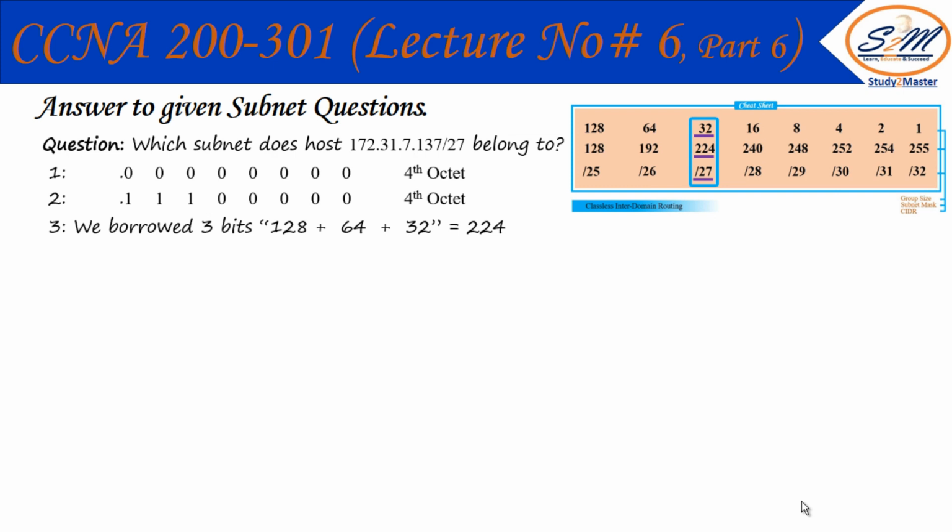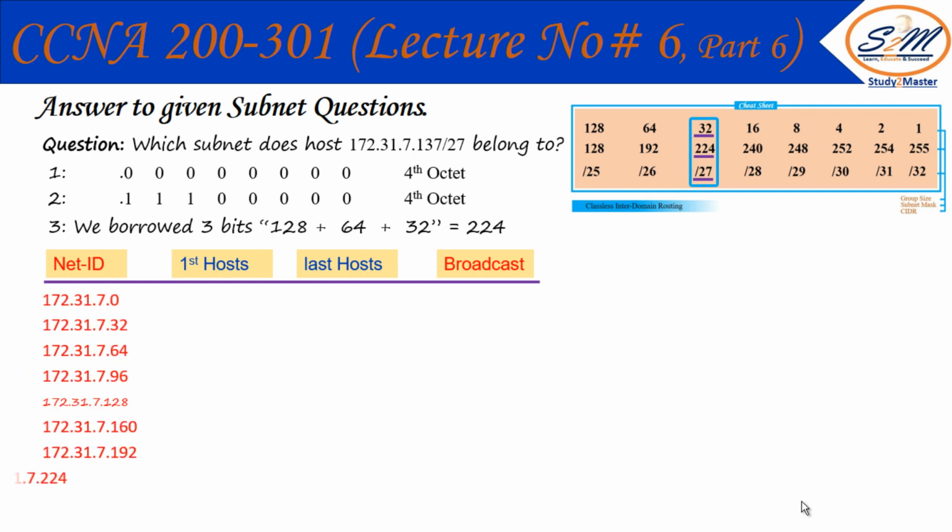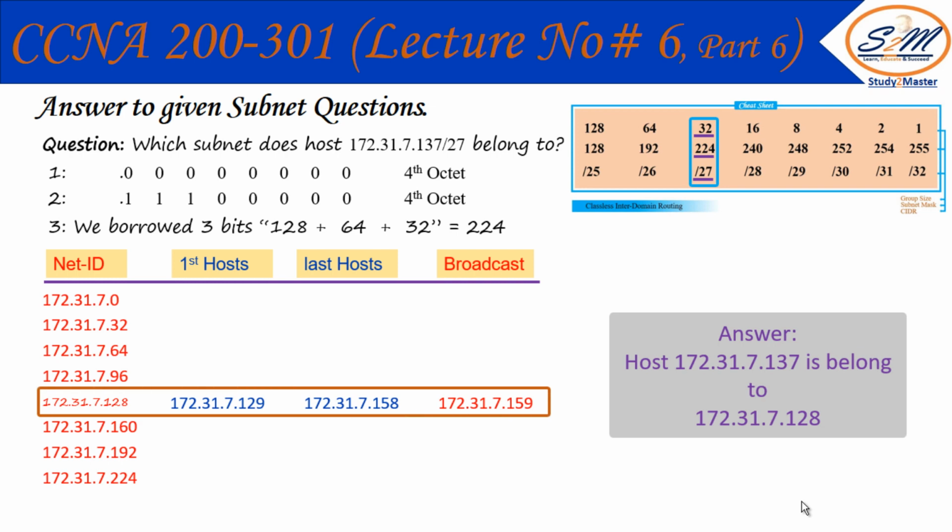Now let's start with 0 and increase it up to the target, or until we pass the target address. Here we find that the given IP address belongs to the 5th network ID or subnet, and the usable IP addresses start from 172.31.7.129 through to 172.31.7.158, and .159 is the broadcast IP address.